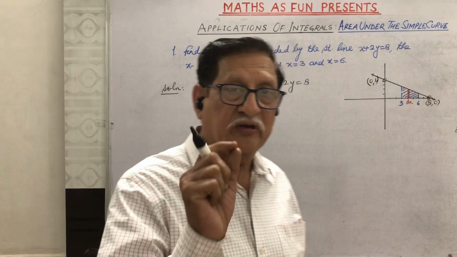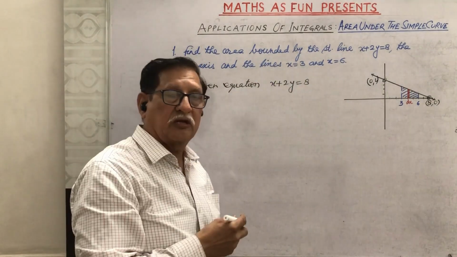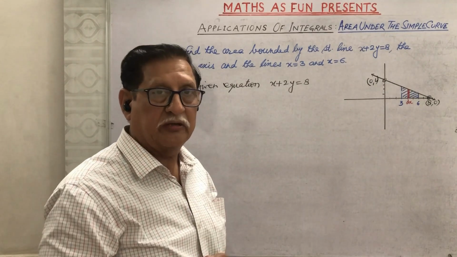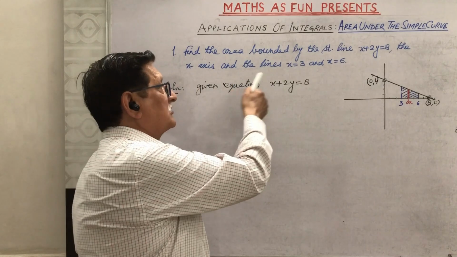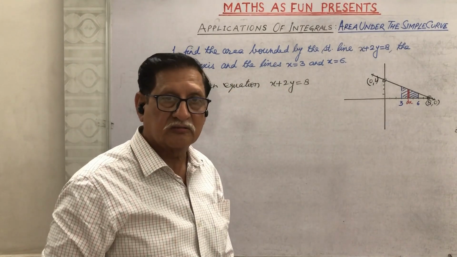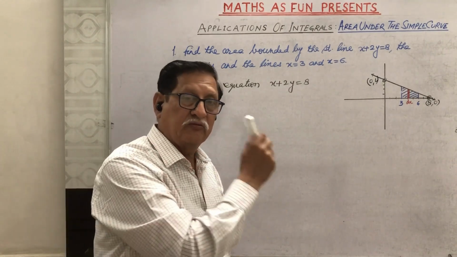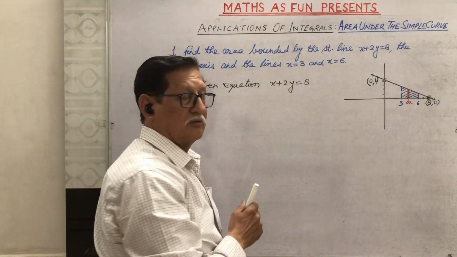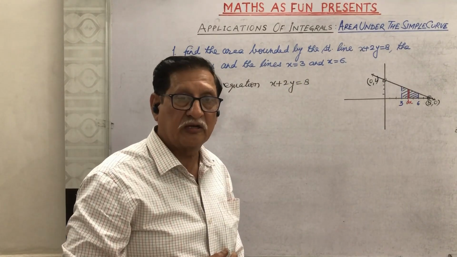The first example we discuss here is: find the area bounded by the straight line x plus 2y equal to 8, the x-axis, and the lines x equal to 3 and x equal to 6. According to the algorithm, first of all we have to draw the curve for the given function. We know that x plus 2y equal to 8 represents a straight line.